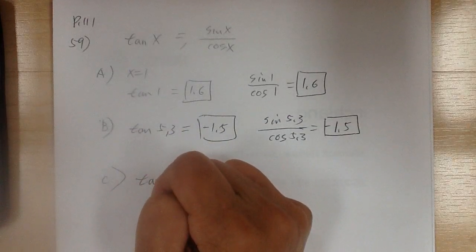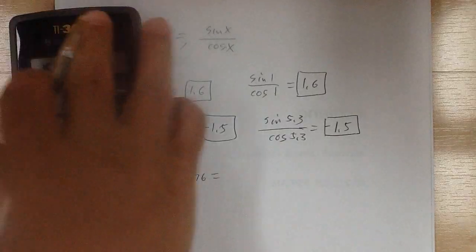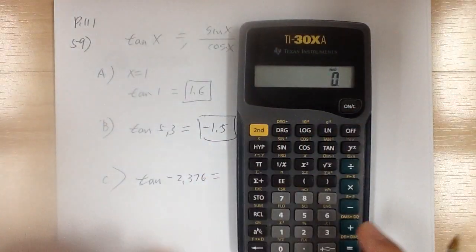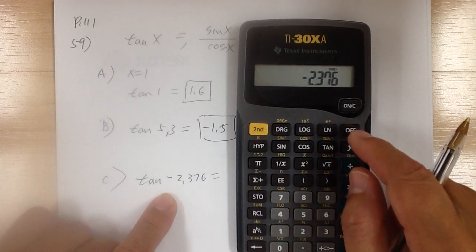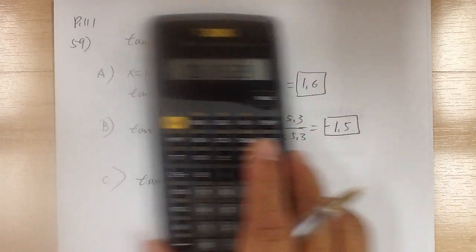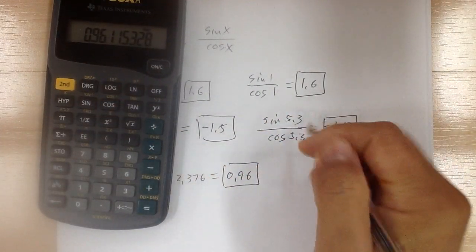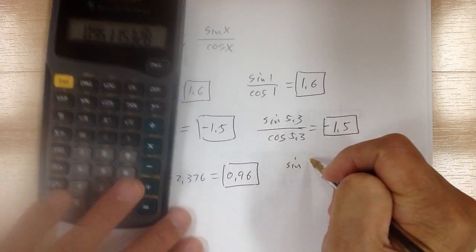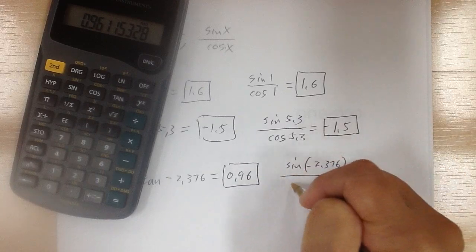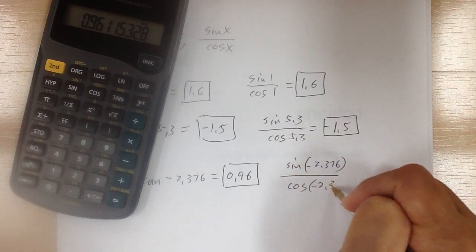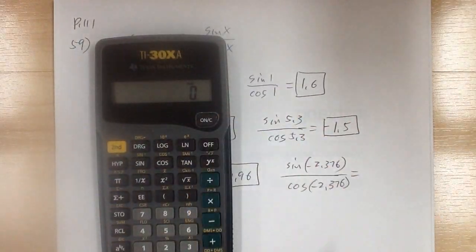Tangent of negative 2.376. Again, make sure you're in the radian mode. Okay, so 2.376 negative, take the tangent of that, so it's equal to 0.96. Okay, and then you do the same thing with the sine. So sine of negative 2.376 over cosine of negative 2.376. Okay, so get your calculator.